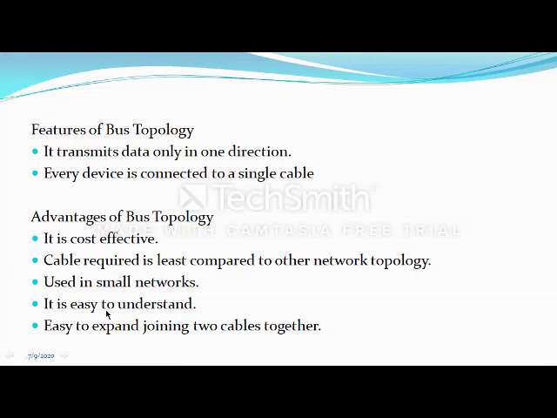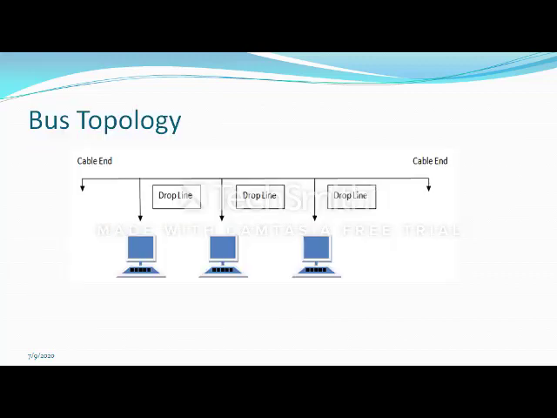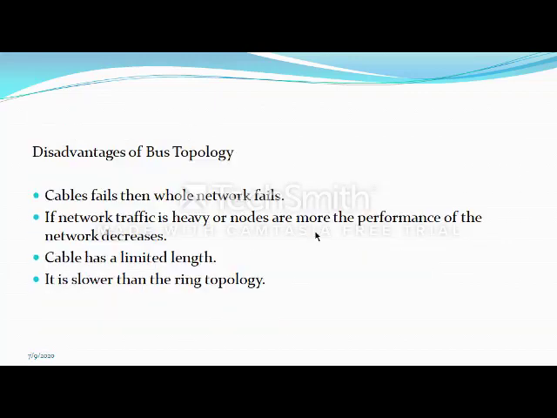It is easy to understand, and easy to expand by joining 2 cables together. So here you can join the line cable and you can connect a number of systems.